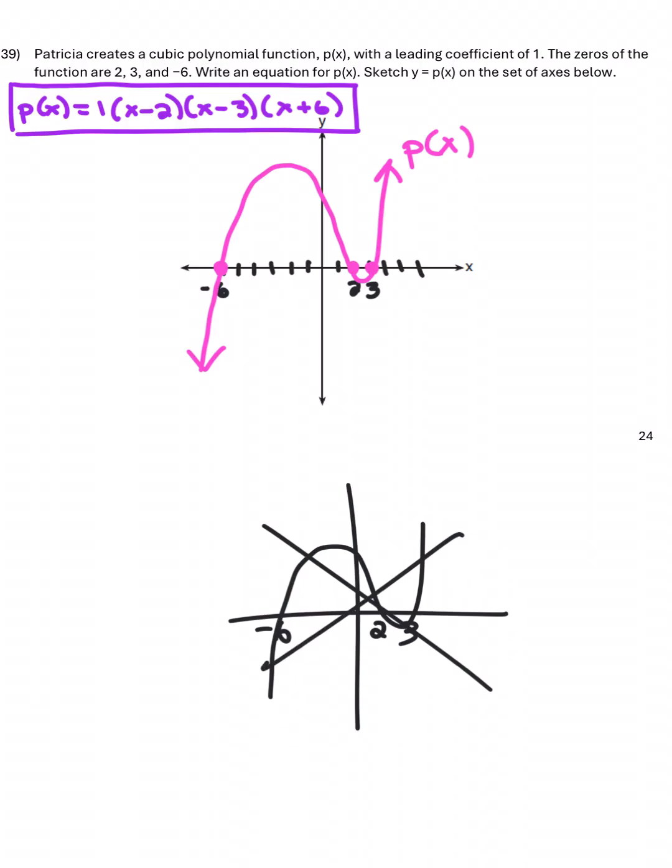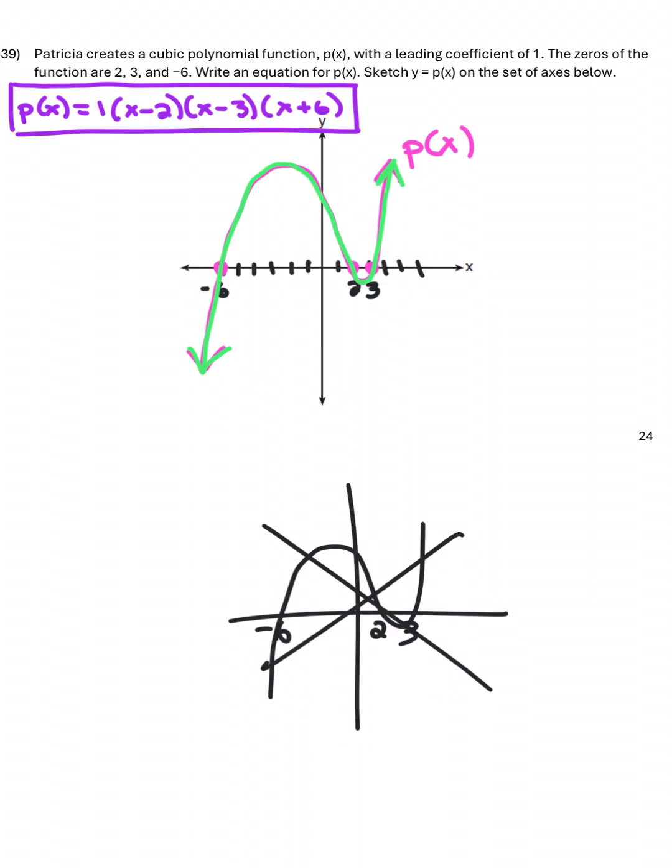Okay, so we knew that the leading coefficient is 1. So since it's positive, we know the right side of our graph is going to be going up. So if this is going to be going up, and it has to go through these 3 zeros, right? And it's a cubic. This is what the shape of a cubic looks like. I knew that this had to be going up, and it had to go through positive 3, positive 2, and I figured it had to go up a little higher here to get all the way back down by negative 6, and that is what my graph looked like.